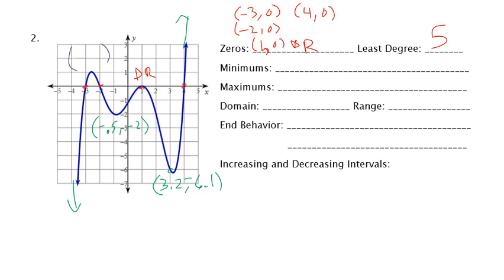So I can do my increasing and decreasing intervals. So I'm going to say this is about negative 2.5 and 1, and this is the (1, 0). So for our minimums, we can just simply list all those out. And then same for the maximums.